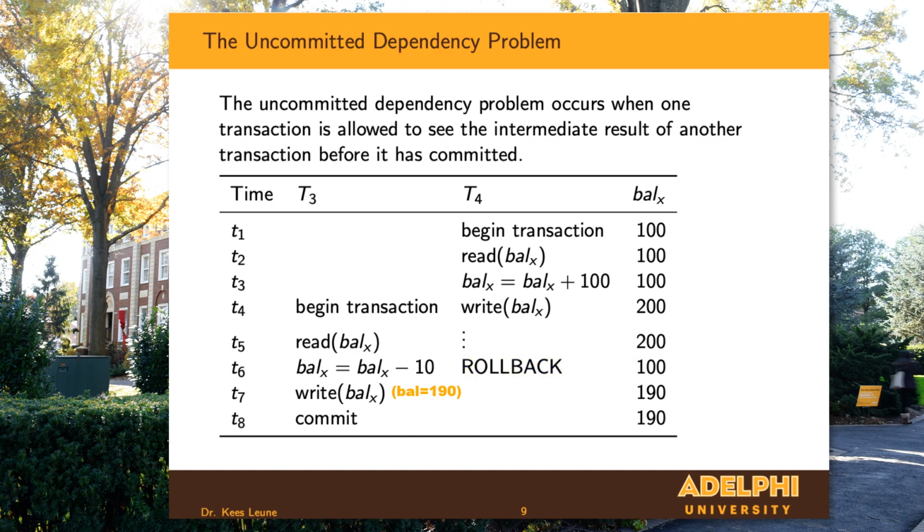T3 already recomputed the new balance as 190 and is ready to now go write this and commit it to the database. And just because T4 made changes that were visible before the end of the completion of the transaction, either through commit or a rollback, T3 is now updating the database with information that should have been different. And so that's a problem there as well.